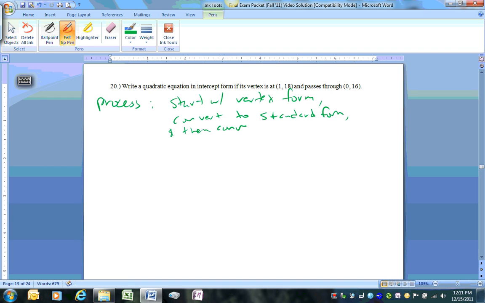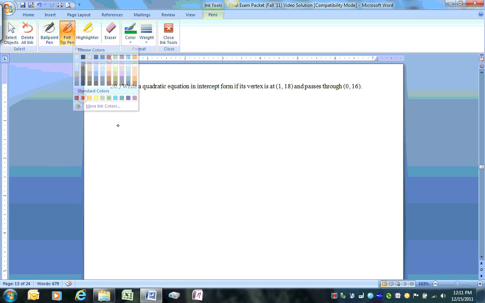And then convert to intercept form. But still, you gotta know what the forms are, and you have to know the algebra that's involved in doing this conversion. But vertex form, if you know what that is, you're already on the right step.